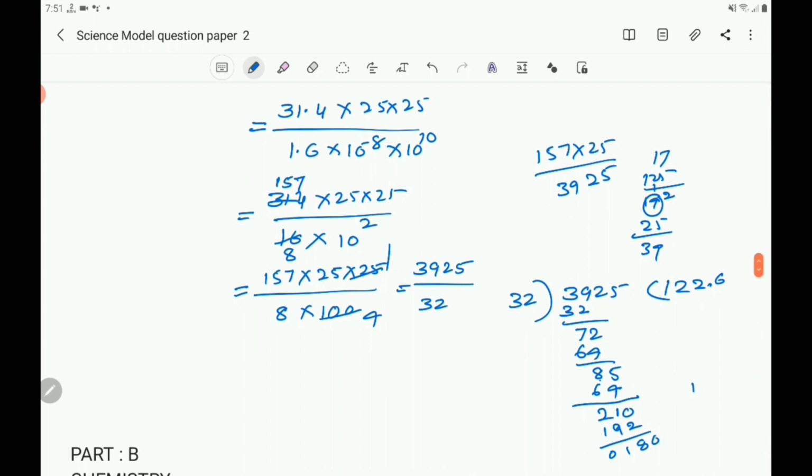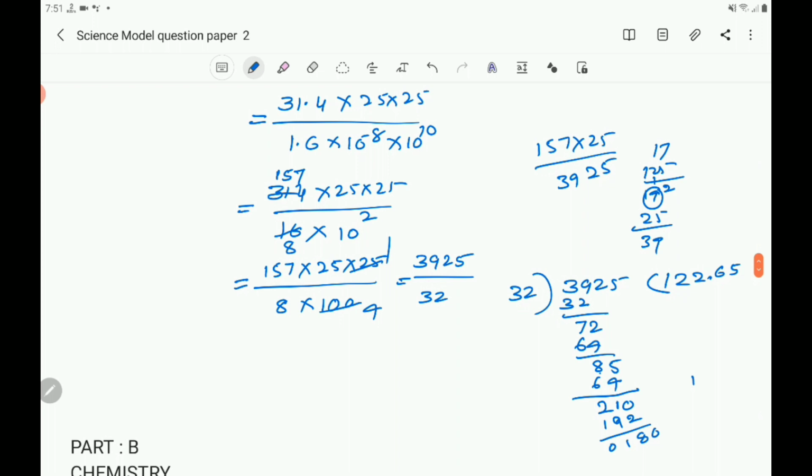Again you can have 32 fives, is 160. 20 you will get 0. Again you can have 6. 6 is how much? 192. Here you got 192, here also you write 192. That is 8. Again you can have 8 0, 32 twos.